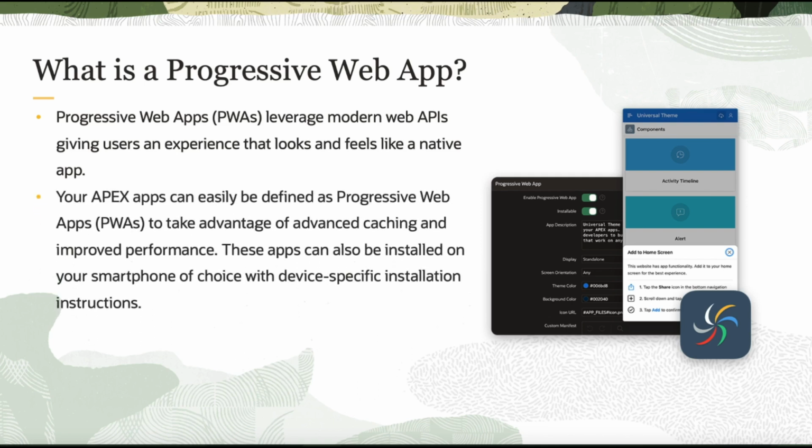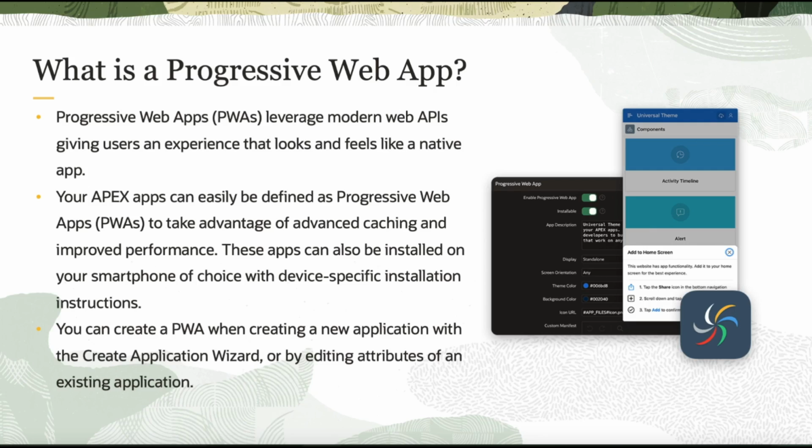Your Apex applications can easily be defined as a PWA, or Progressive Web Application, to take advantage of advanced caching and improved performance. These applications can also be installed on your smartphone of choice with device-specific installation instructions.